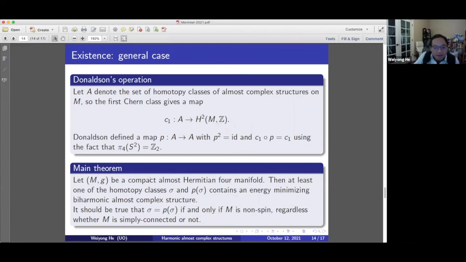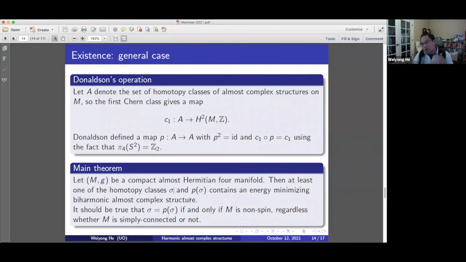Nevertheless, if M is a compact almost Hermitian four-manifold, then at least one of the homotopy classes of almost complex structures, sigma and P sigma, will contain an energy minimizing biharmonic almost complex structure.